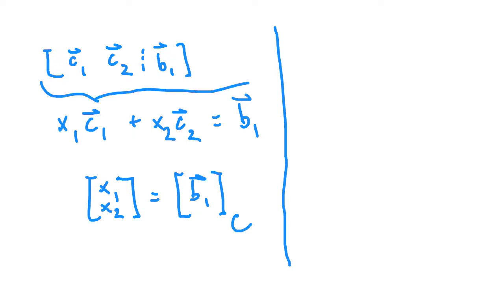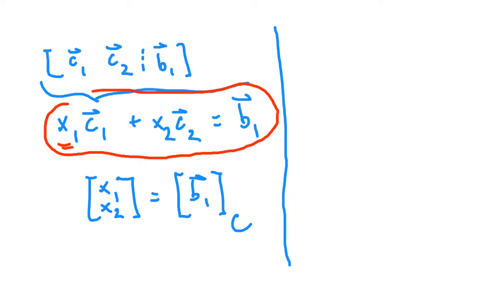If we want to find the coordinate vector of b1 relative to basis C, then this is the vector equation we have to solve, because it's the x1 and the x2 that are the coordinates.